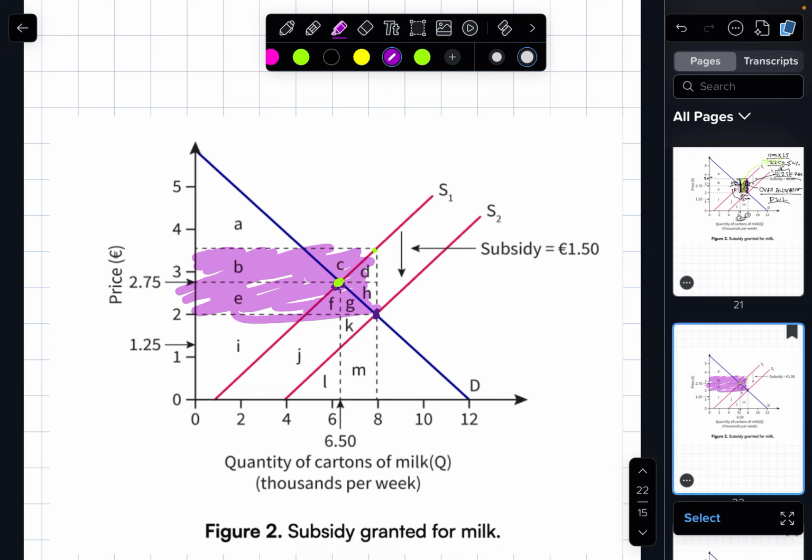Recognizing things like this DH area, this is dead weight loss because of over allocation. And I think those are pretty much the main points to remember. And that's it for today. Thank you.